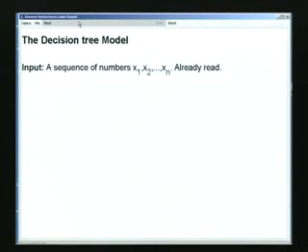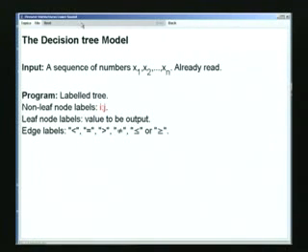So in the decision tree model, the input is always going to be a sequence of numbers, say the same sequence x1 through xn, and we will assume that these numbers have already been read into the model. So there are no input instructions as such. The inputs are already read.